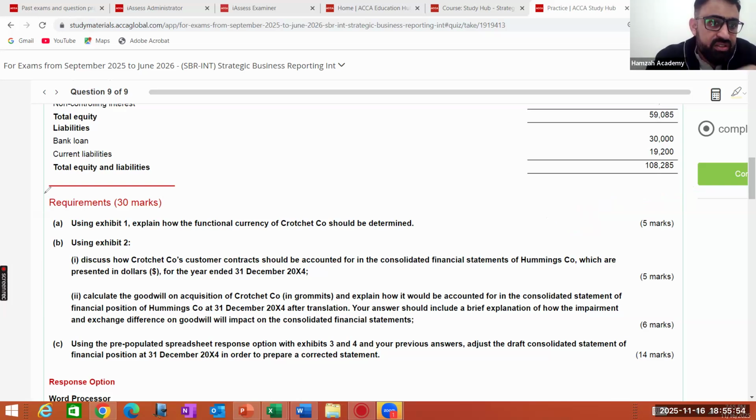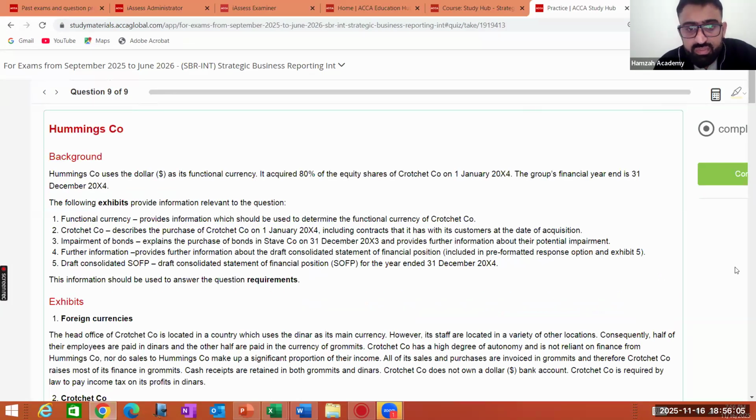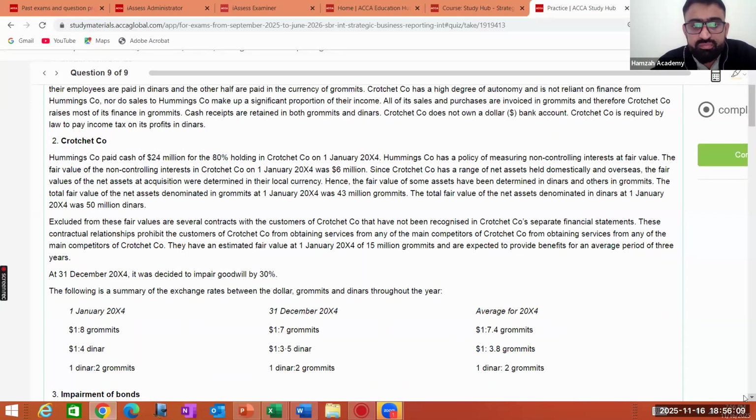So in simple words, this contract with customer should be accounted for at fair value on 1st January X4.